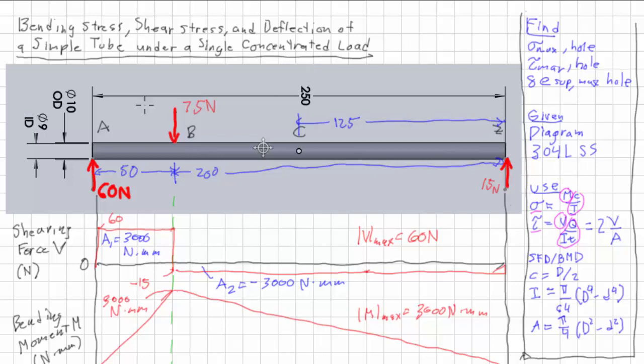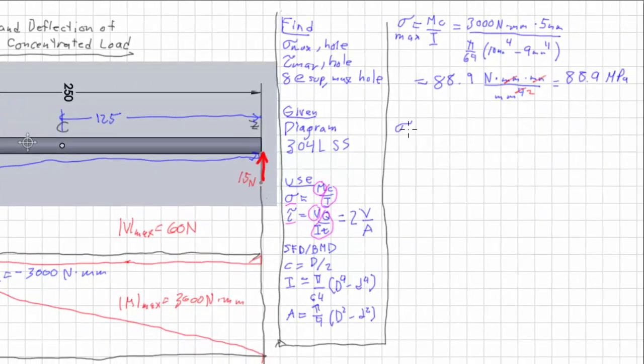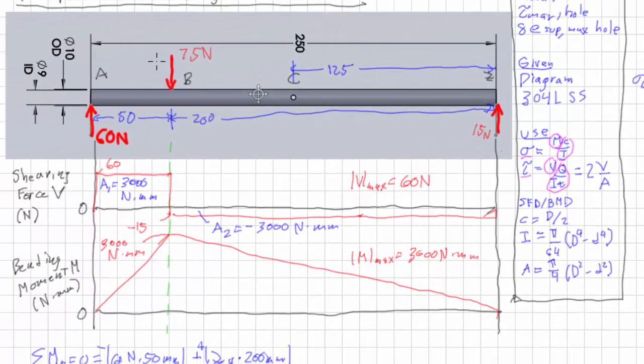So I'm going to use that same equation, stress at c, or the hole, is, again, Mc over I, but the moment is different. It's not this maximum bending moment, it's whatever that is going to be at this location here, 125 from the end, or for that matter, 75 from B. So we have to figure out what this value is right here.